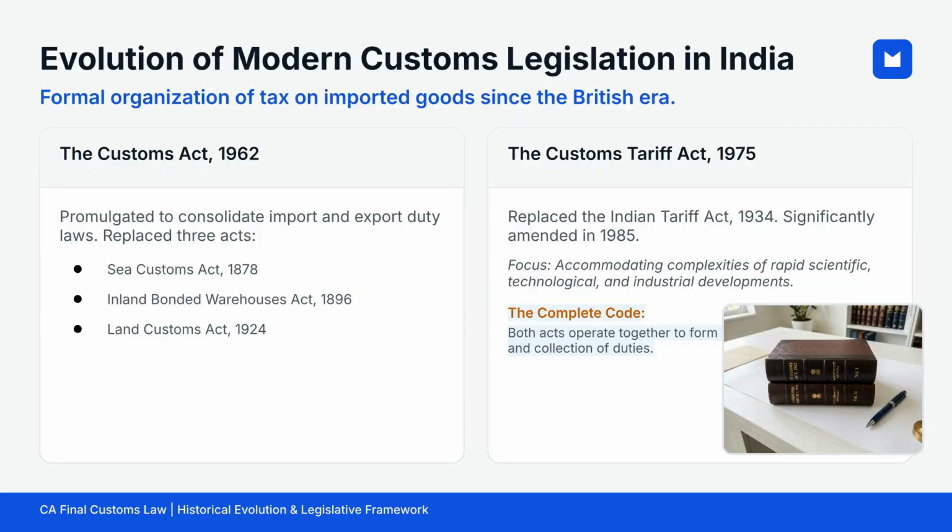Later, the Customs Tariff Act 1975 replaced the Indian Tariff Act 1934 and was further amended to accommodate technological and industrial developments. For exam purposes, remember that today the Customs Act 1962 and the Customs Tariff Act 1975 together form the complete legal framework governing the levy, assessment, collection, and administration of customs duties in India.